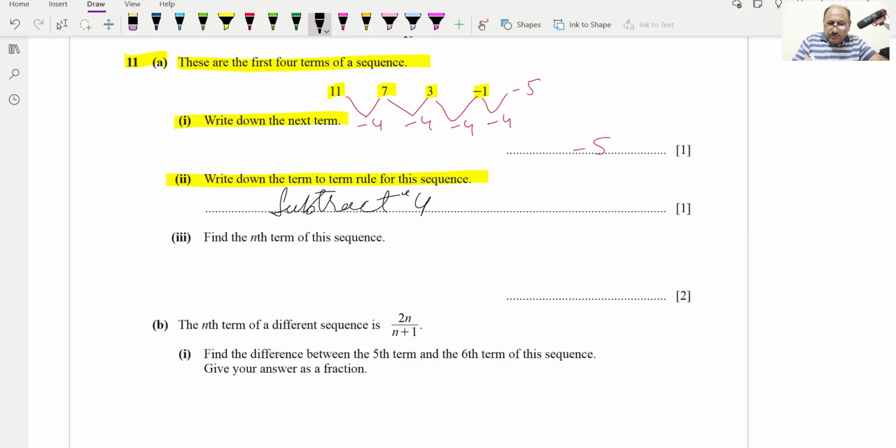Basically this will be the term to term rule, and then they are saying find the nth term of this sequence. The nth term for this will be what? Un is equal to n plus a minus d, basically. So what we can do, this will be minus 4n.